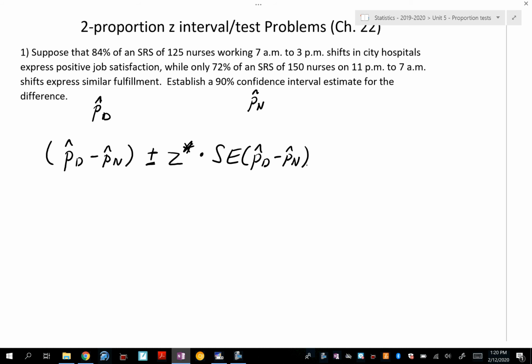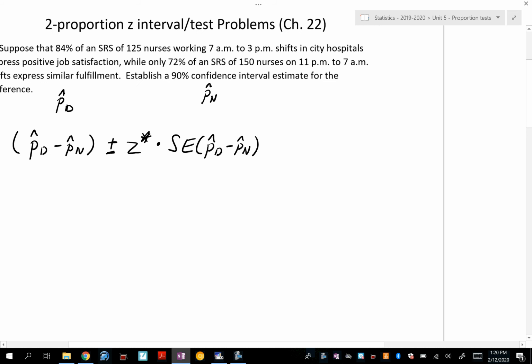Now, let's see if you remember how we're going to do the standard error of that difference. It's going to be the square root. What's going to go first in this fraction?